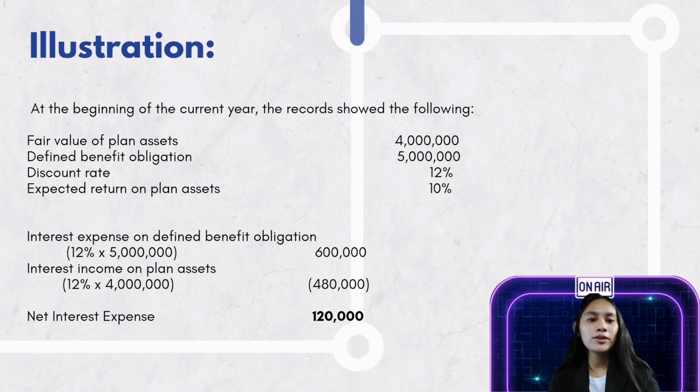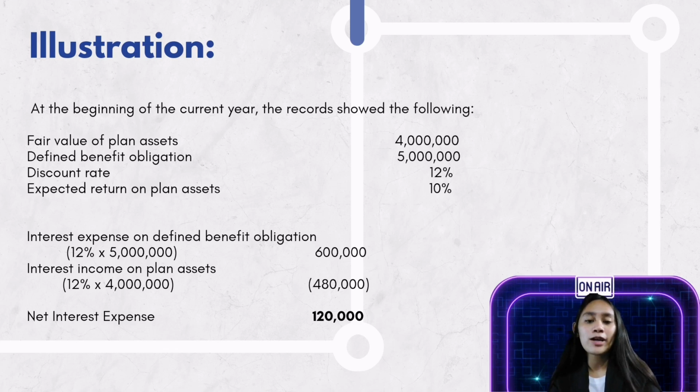So, first, we need to get the interest expense on defined benefit obligation. So, to get this, multiply the 12% discount rate to 5 million defined benefit obligation, which you will get a 600,000.